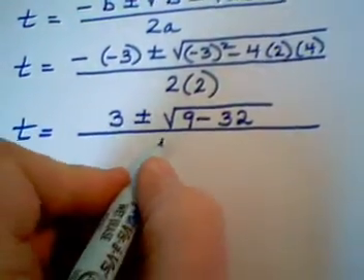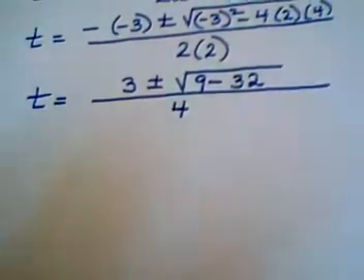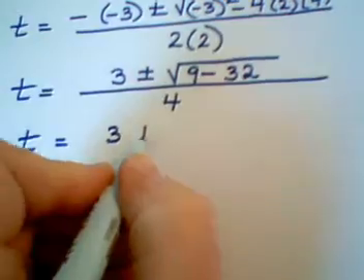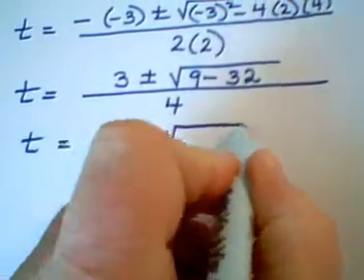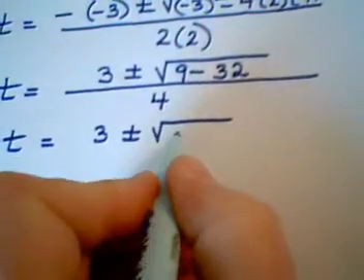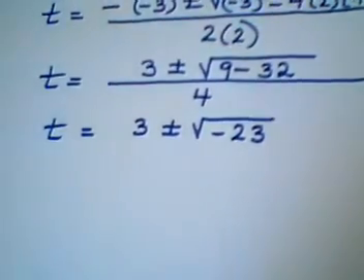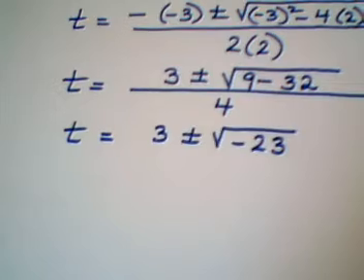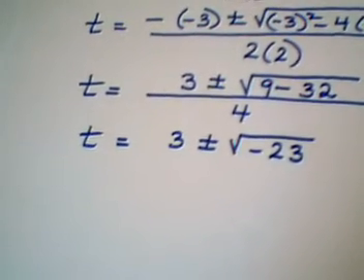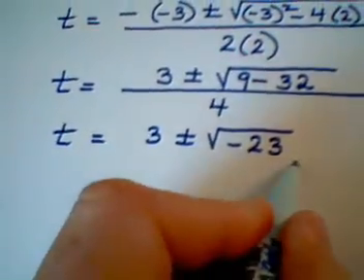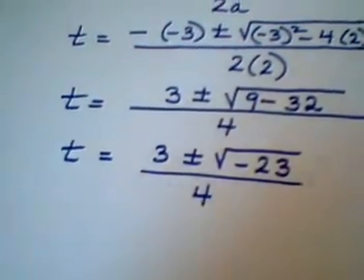And this is all over 2 times 2, which is 4. Now let's work with the arithmetic under the radical. 9 minus 32 is a -23. Okay, so we have -23, and we have a 4 here.